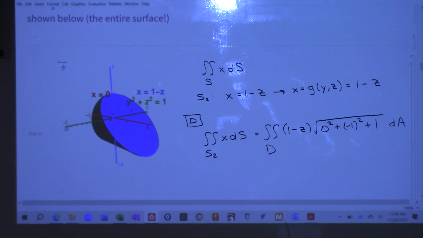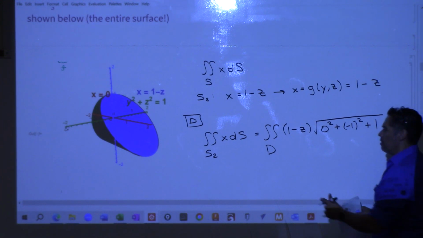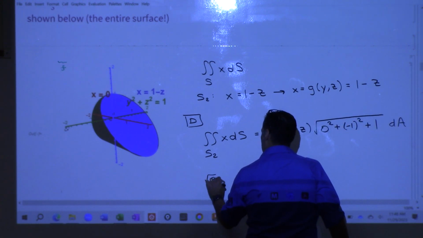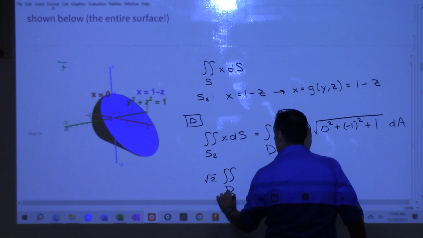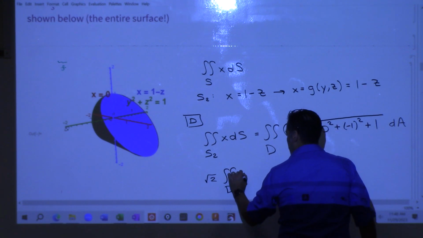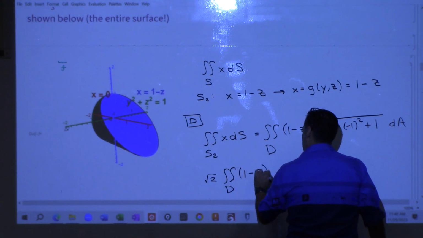Let me clean this up. That's 1 plus 1, 2, square root 2. That can come completely out of the double integral. So I have root 2, double integral over D of, oh man, I wish it was 1, 1 minus z dA.